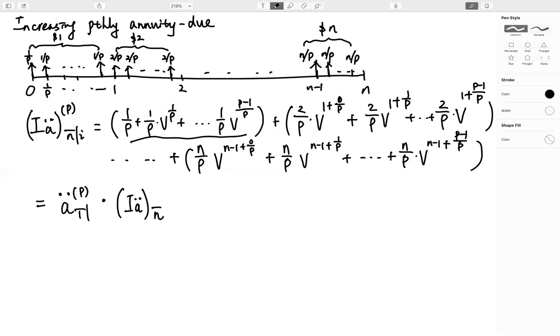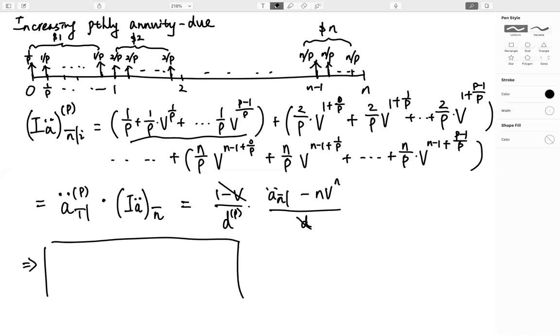Okay, so pretty much everything is the same except now it would be 1 over V divided by D upper P. So here you get the same formula, minus N Vn divided by D. So this D will cancel this 1 minus P. So you will get I A double dot upper P angle N. If you want, you can put the effective interest rate.